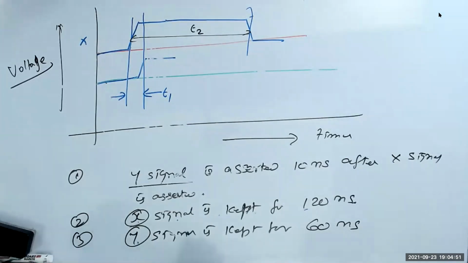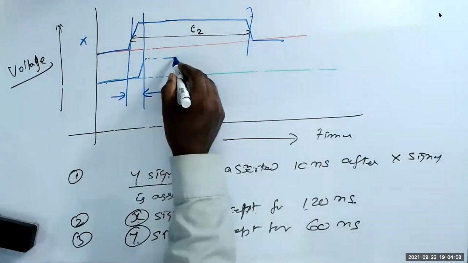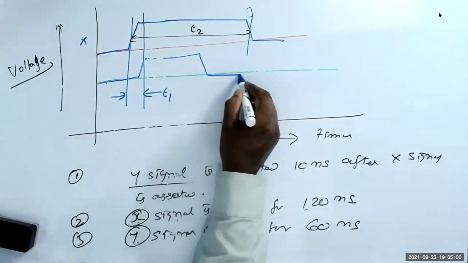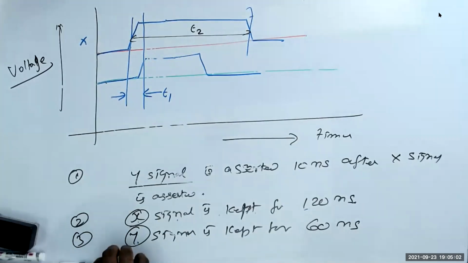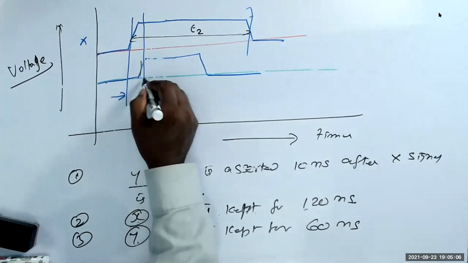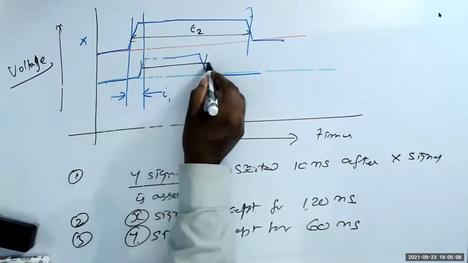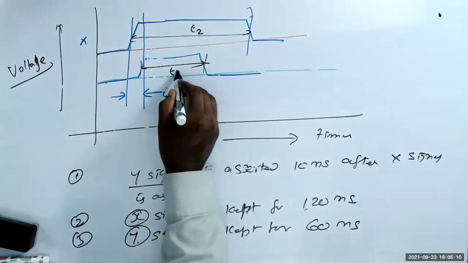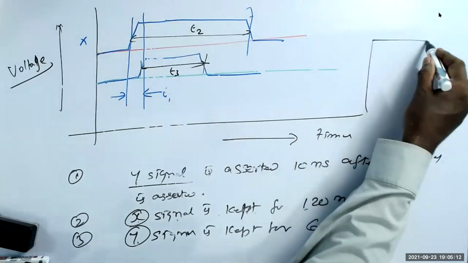Then the Y signal is kept for 60 nanoseconds; this time I call T3.